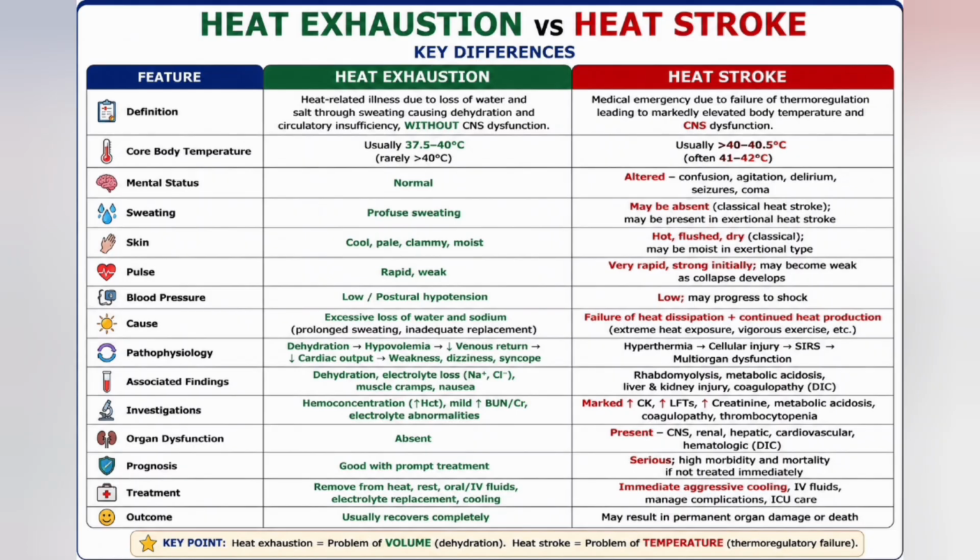The treatment of heat exhaustion includes, as discussed before, removal from heat, rest, oral and IV fluids, electrolyte replacement and cooling. While in heat stroke, it requires immediate aggressive cooling, IV fluids, manage complications and ICU care. We will discuss in the subsequent slides.